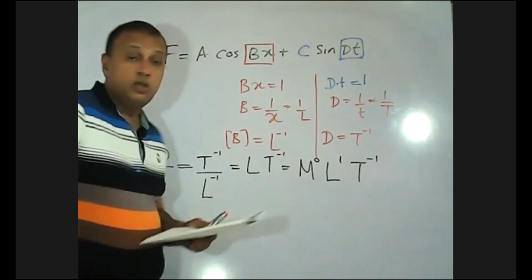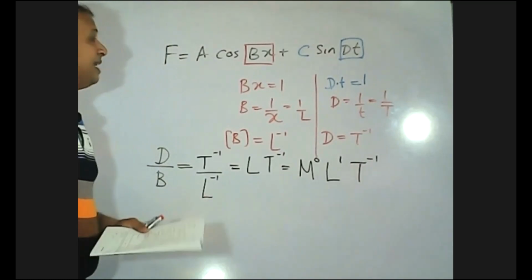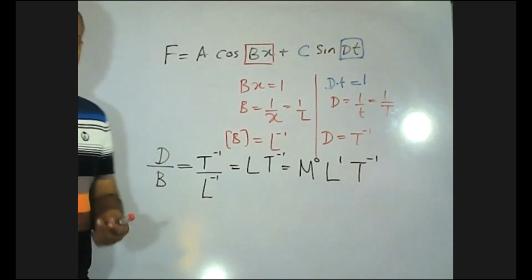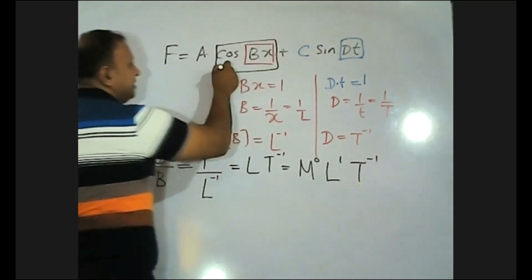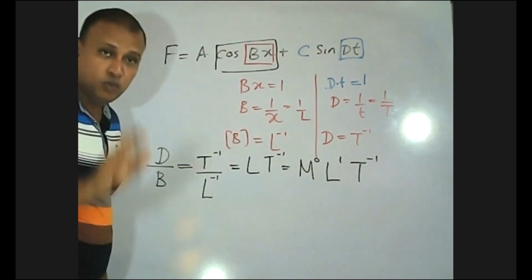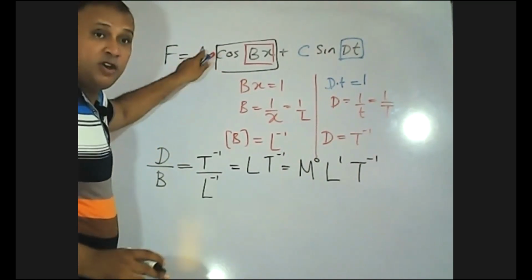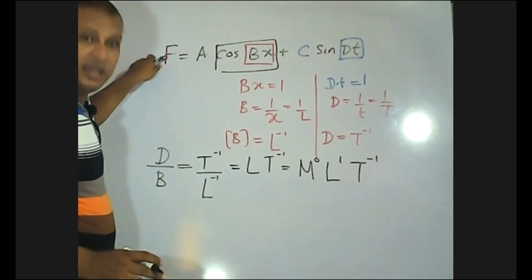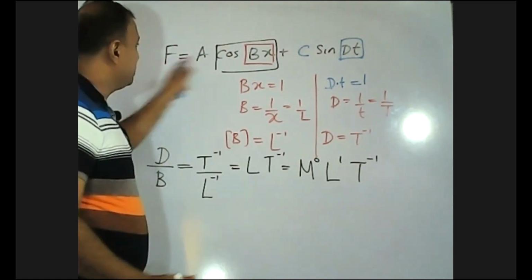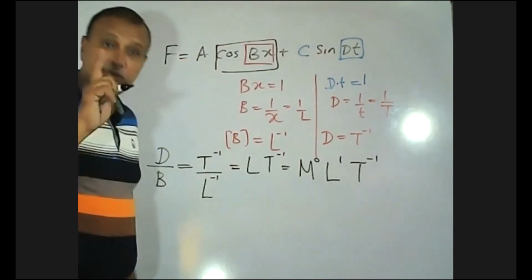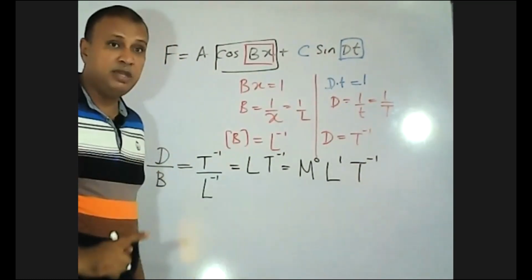Then your question: what about A and C? As you know, this part doesn't have a dimension. Then the dimension of A should be equal to the dimension of F, because according to the factor, each and every term in an equation should have the same dimension.